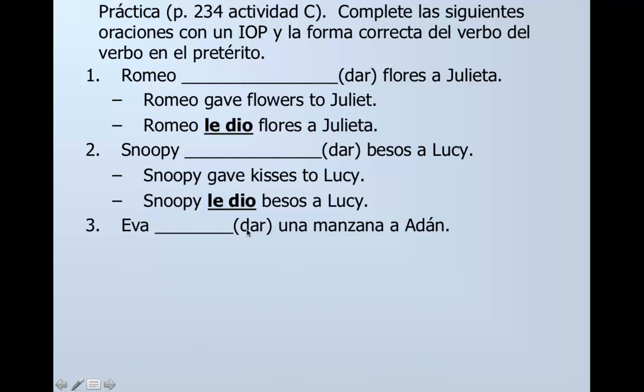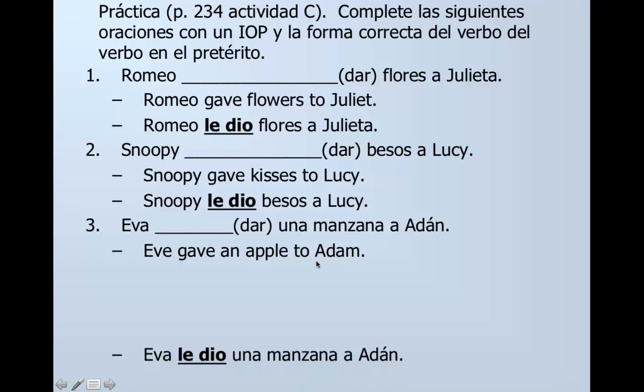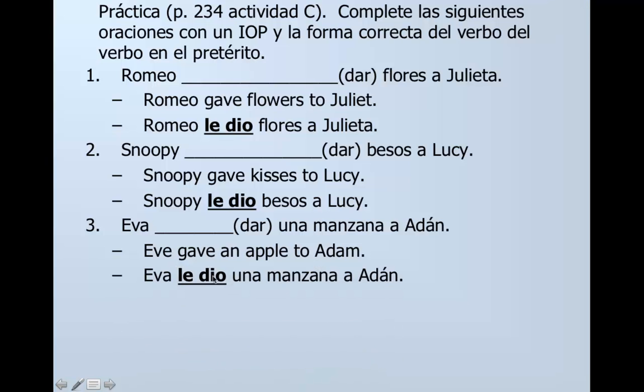Eva dar una manzana a Adán. Eve gave an apple to Adam. Eve gave an apple to whom? To Adam, to him, so that would be le. Eva le dio una manzana. Dio is because of Eva.